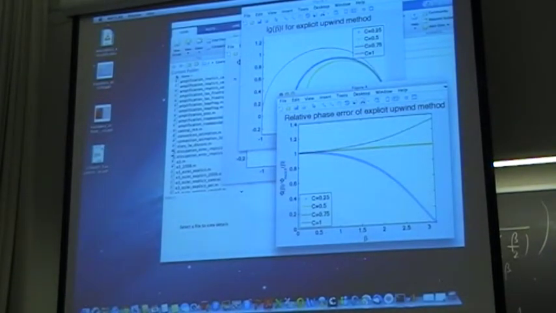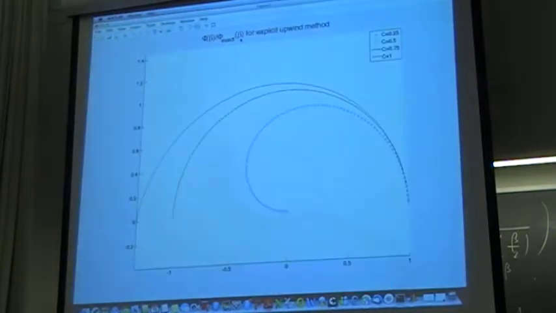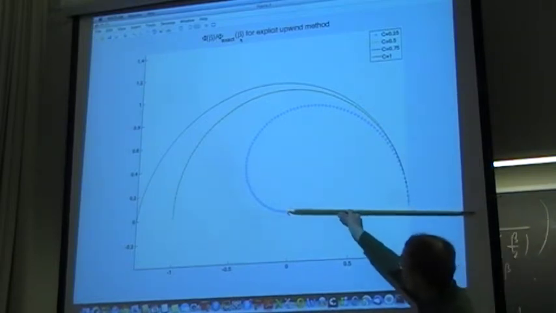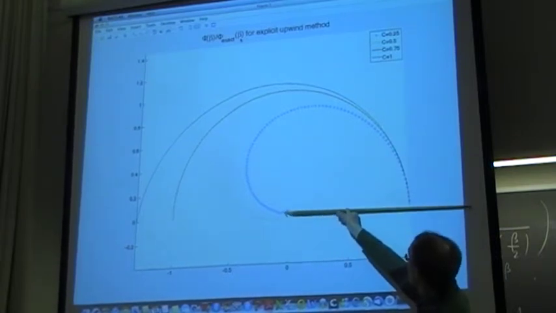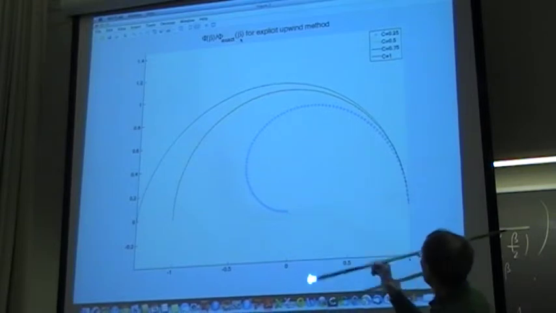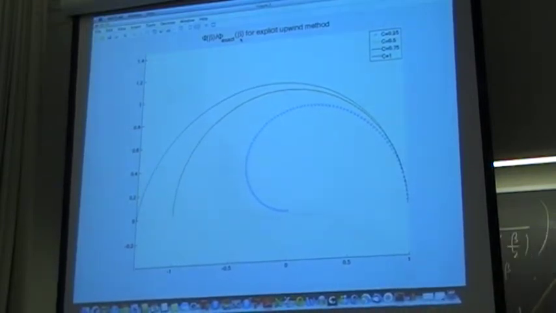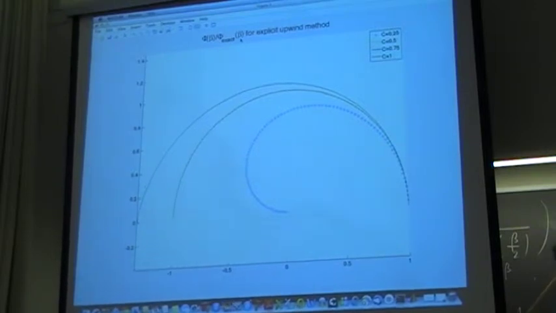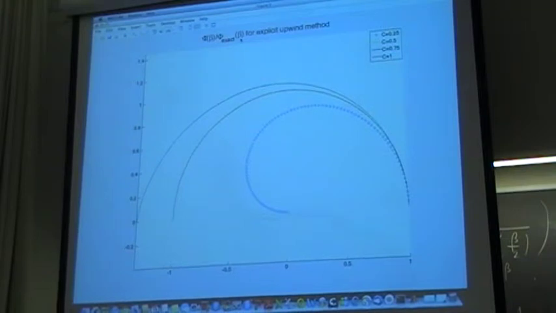That was the number 2. So that looks like this. That is now the polar plot of the same thing that we saw before. Again, the interpretation is we look from the origin what is happening. For the phase angle phi equal to 0, the values are all 1. That means the phase angle is exact, equal to the exact phase angle, because we are plotting this ratio here.